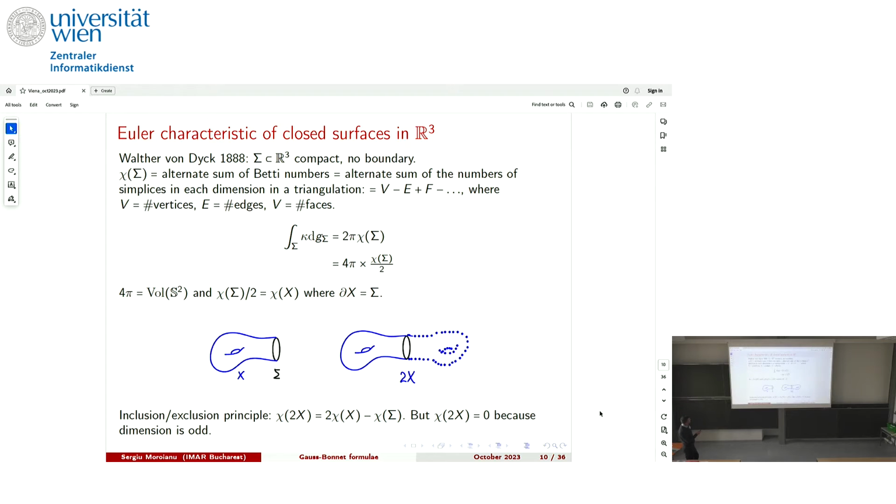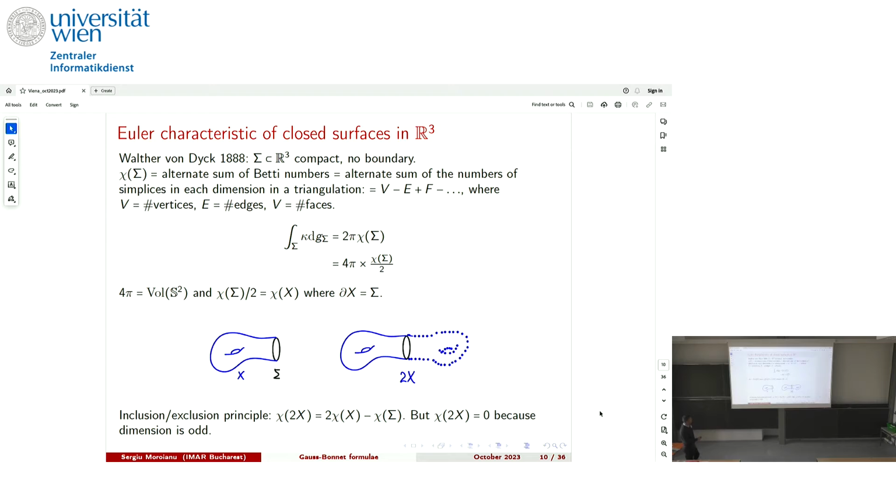Okay, and finally, the version we are used to liking is quite late, in fact. It says on a closed surface sigma, which is 2-dimensional in this picture, and X is 3-dimensional, you take the total Gauss curvature on the surface, and the result is 2 pi times the Euler characteristic. But the correct way of seeing this, in light of what follows, is to take the area of the sphere times half of the Euler characteristic.